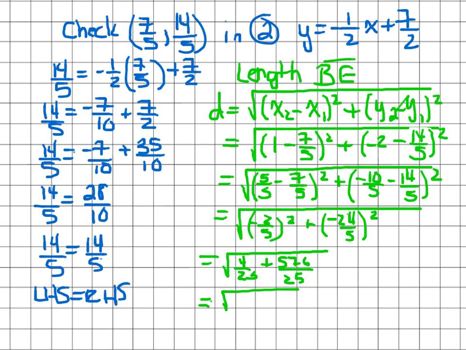And if I take the square root of that, I have 580 divided by 25, and I'm taking the square root of all of that. Sorry, I'm just doing this on my calculator right now. Oh, it is right. Okay, so this is equal to 4.82. So that means the altitude from vertex B is 4.82 units.